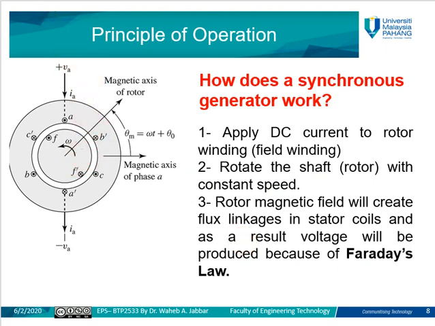So on the rotating part we have the field winding, and here we have the armature winding. Field means the winding which will generate the magnetic flux, and armature means the winding which will produce the energy or the power, in the case of a synchronous generator.